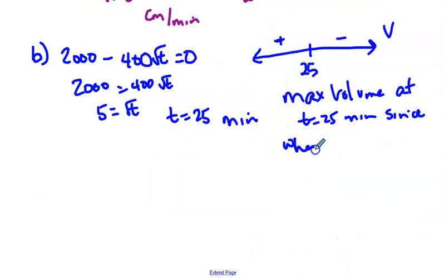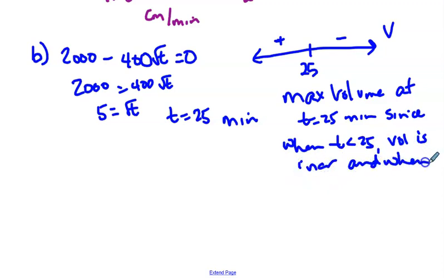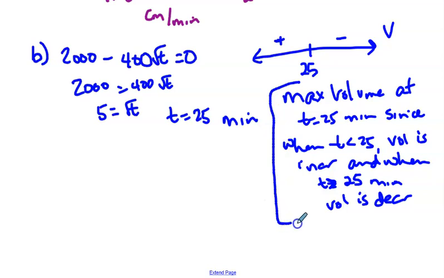Since when t is less than 25, volume is increasing, and when t is greater than 25 minutes, volume is decreasing. So again, this number line analysis is for you. You are required to put in writing to get credit.